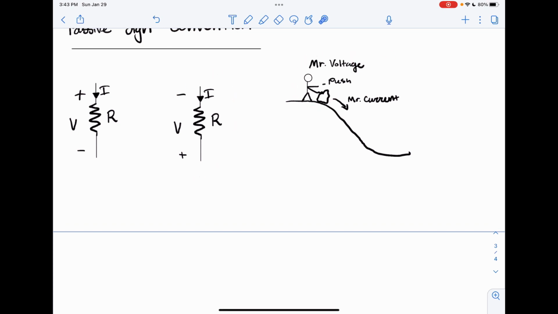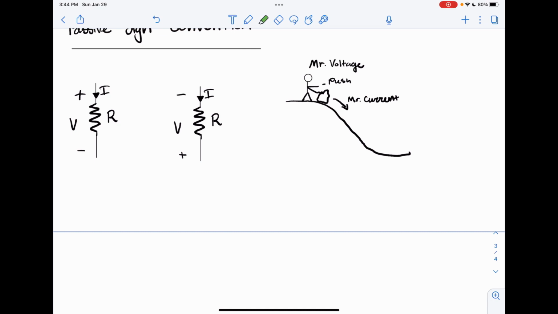I want you to take a moment to pause and decide which of these two configurations would produce a positive current. Does current flowing into the positive terminal or the negative terminal produce a positive current?